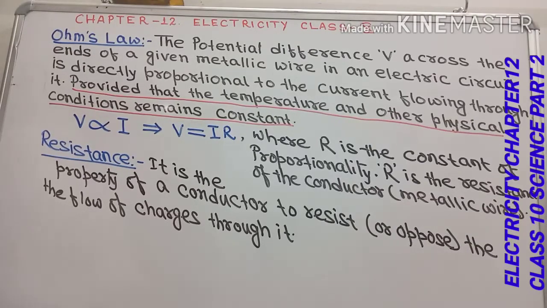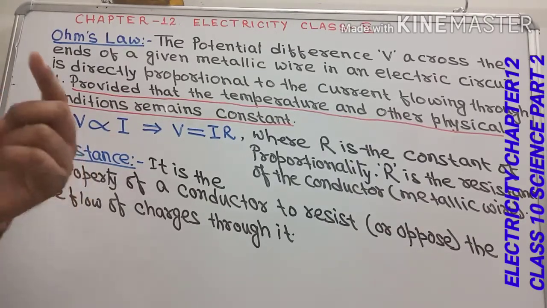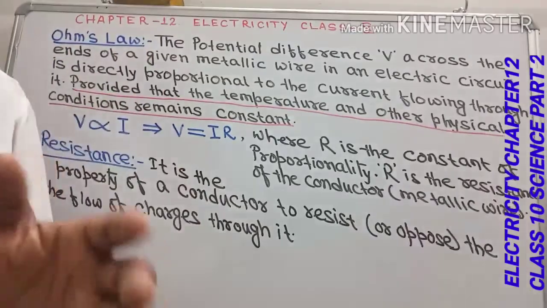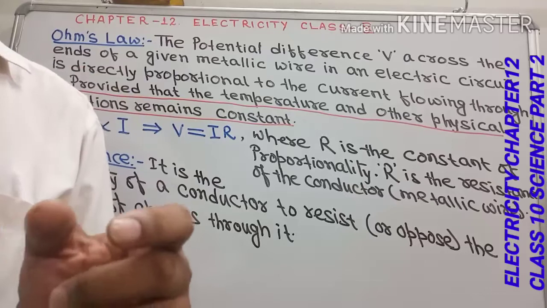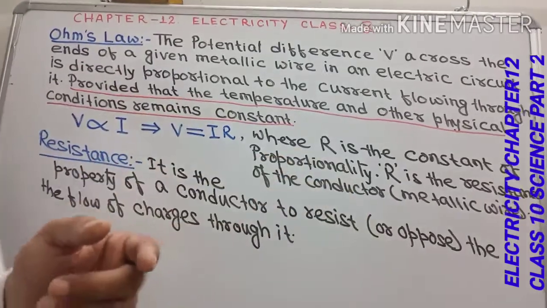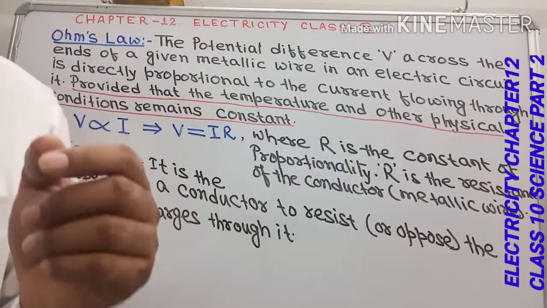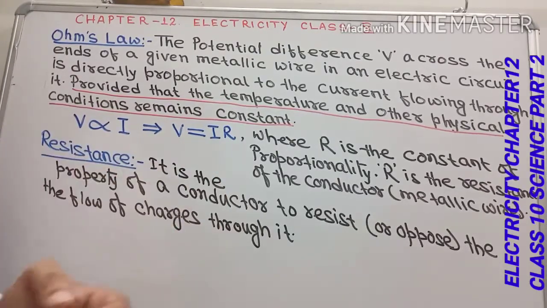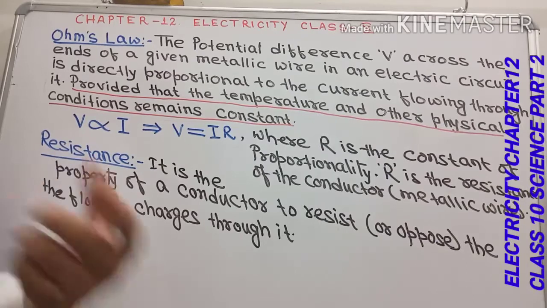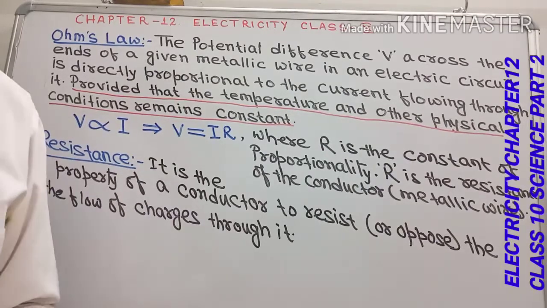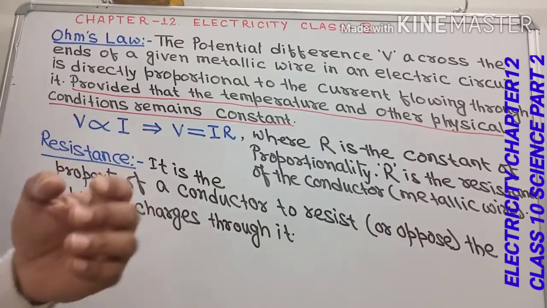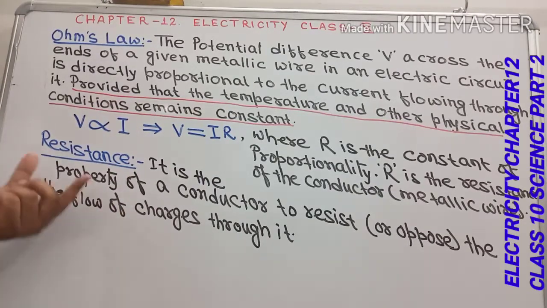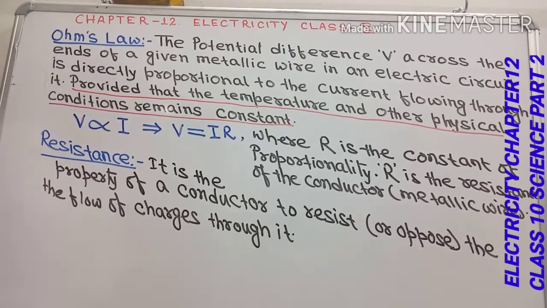It is a property by which the conductor opposes the flow of charges flowing through it. It does not allow the charge to flow properly. That property of the conductor is called resistance.